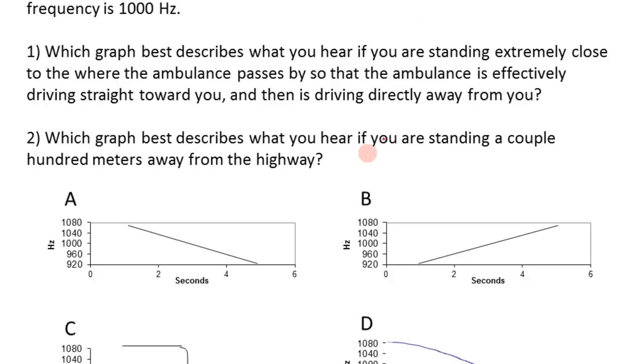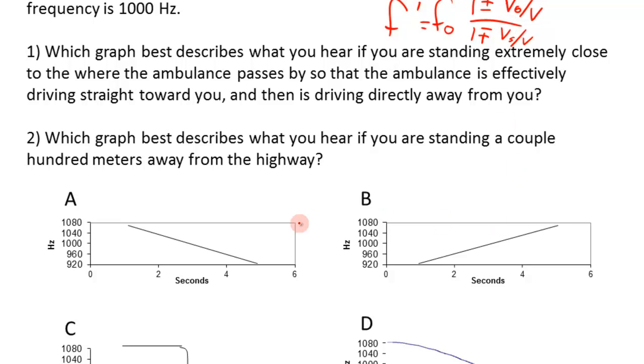So if we have our Doppler equations, which look like f prime is equal to f naught times 1 plus or minus v observer over v of the wave, divided by 1 minus or plus v of the source over v of the wave, you can see there's nothing to do with distance. These are just the speeds of the observer, the source, and the wave. Nothing to do with the distance between the observer and the source comes in here.